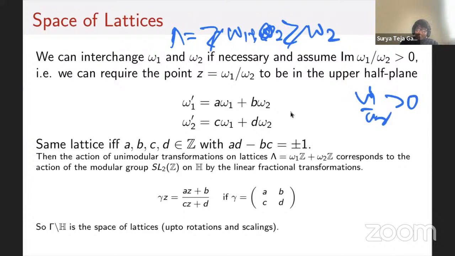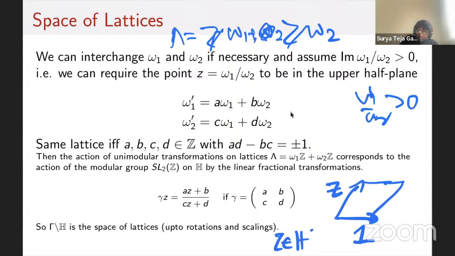And after scaling, I can imagine my lattice looks like this: one basis element is 1, another basis element is Z. The lattice generated by 1 and Z, where Z belongs to the upper half plane.